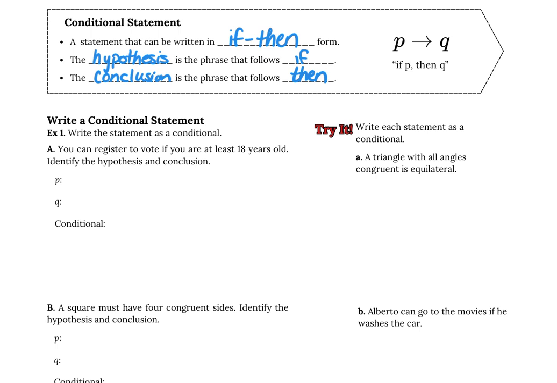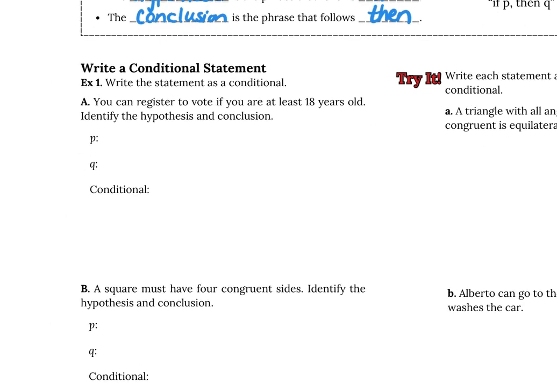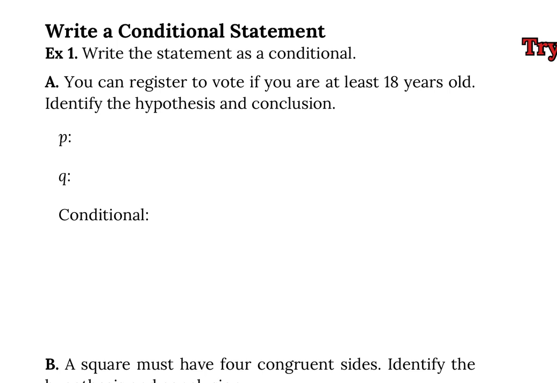Our hypothesis is the P. So our hypothesis is you are at least 18 years old. And then our conclusion, you can register to vote.